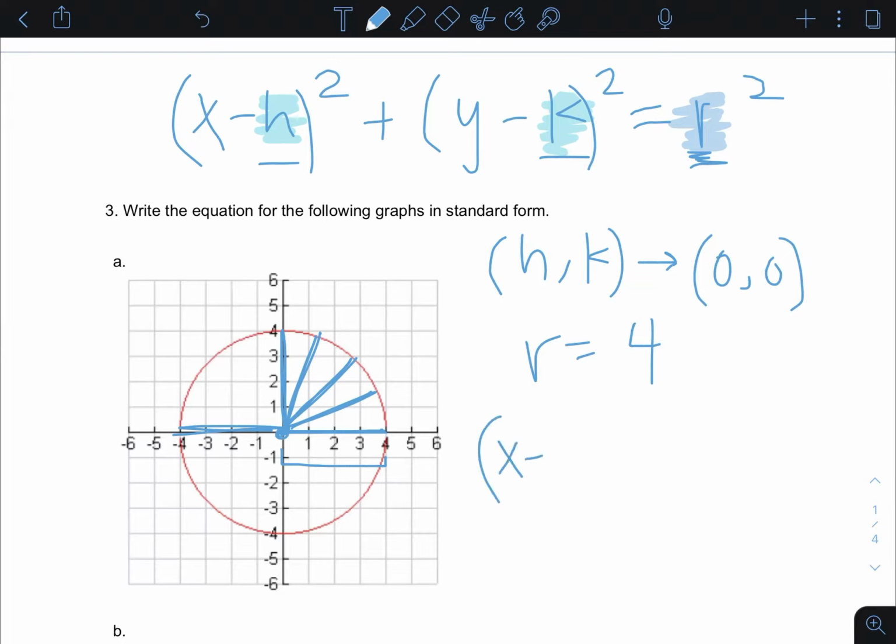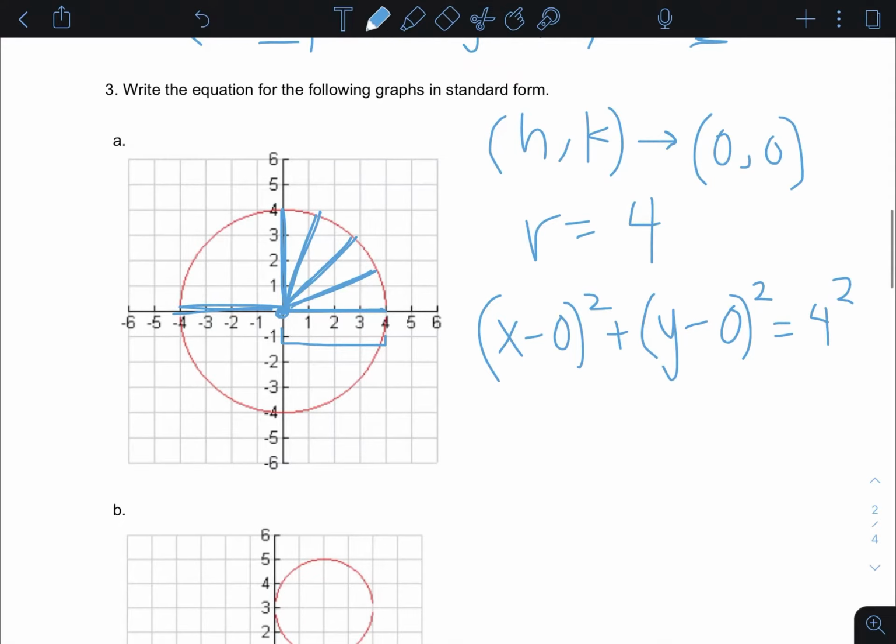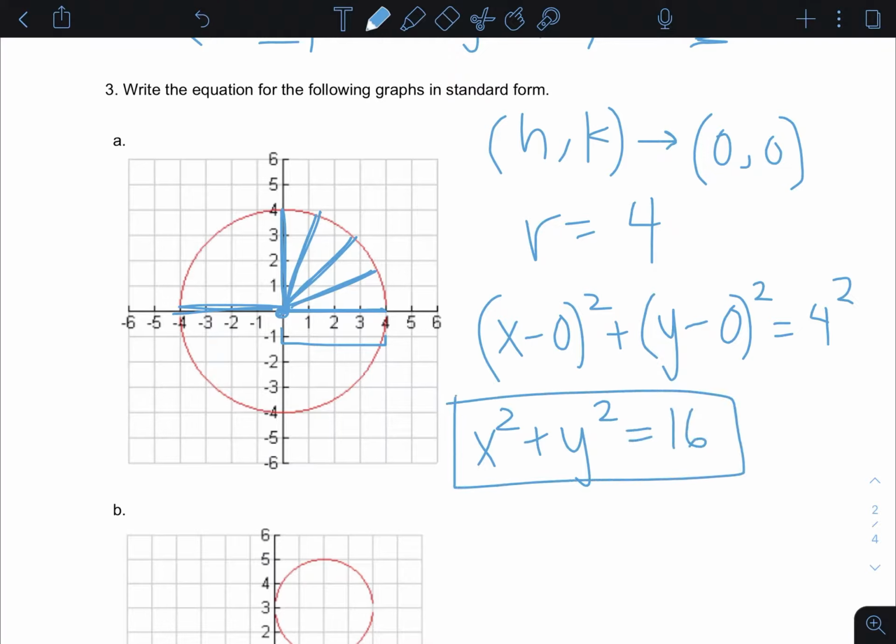It gives me (x minus 0) squared plus (y minus 0) squared is equal to 4 squared. I can simplify this to just make it look a little bit neater. x squared plus y squared is equal to 16. And that is my standard form equation of the circle.